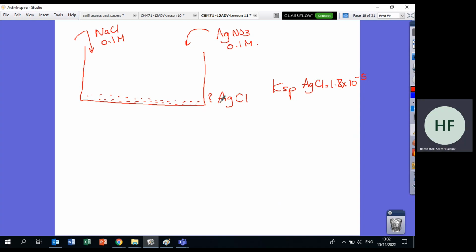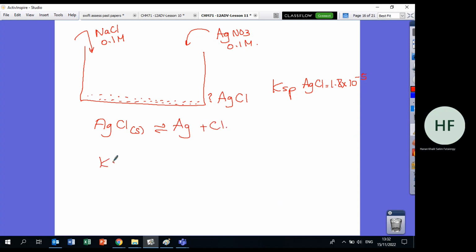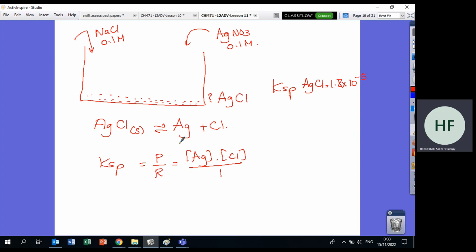Step number 1, same as we did before. I will take the AgCl solid and dissociate it into two parts. It will be Ag plus Cl. Be careful, I will not write S, S because they are not asking for the solubility. Now I will write KSP is equal to products over reactants, which is Ag times Cl over 1 because this is solid.